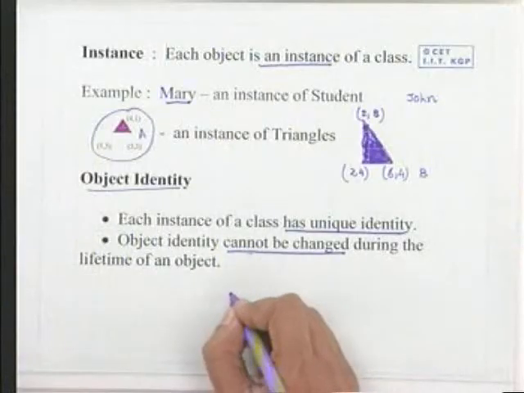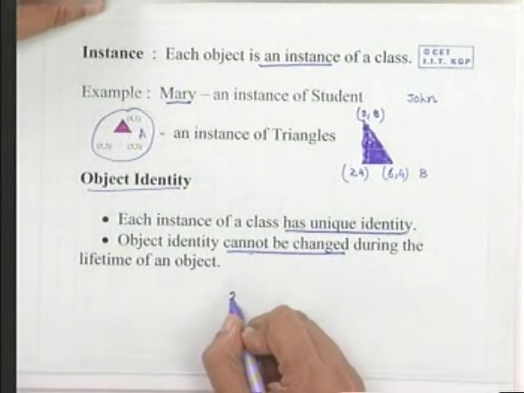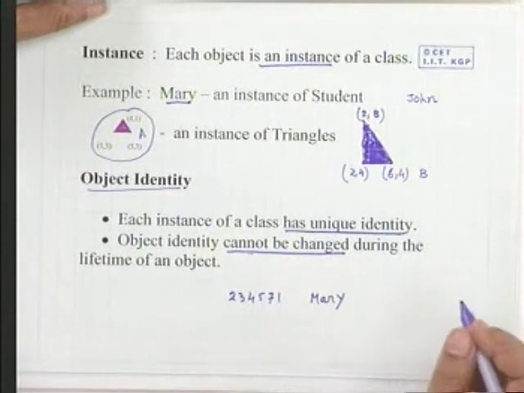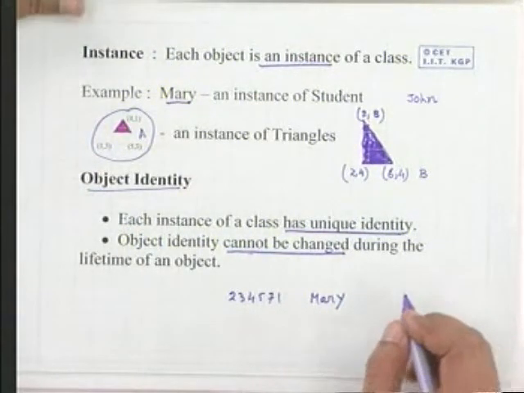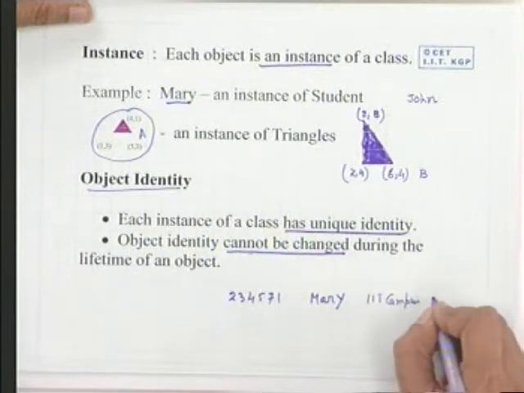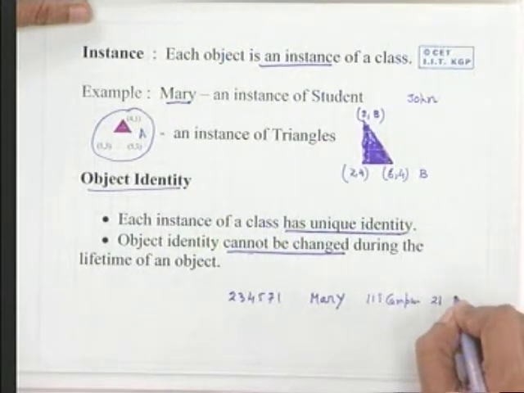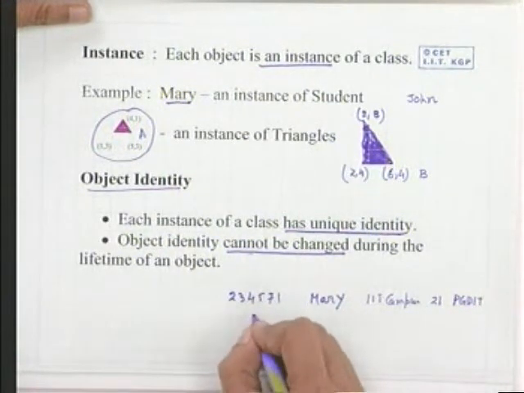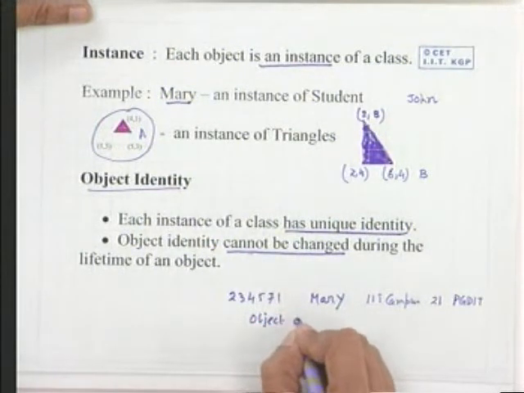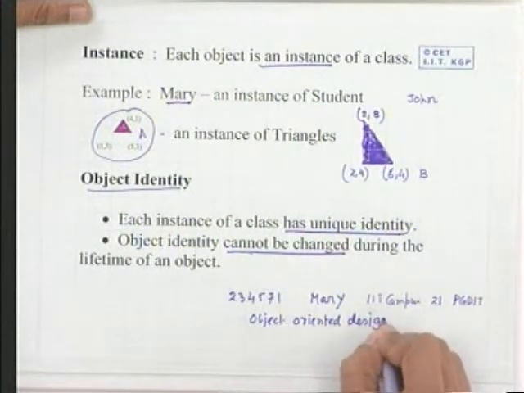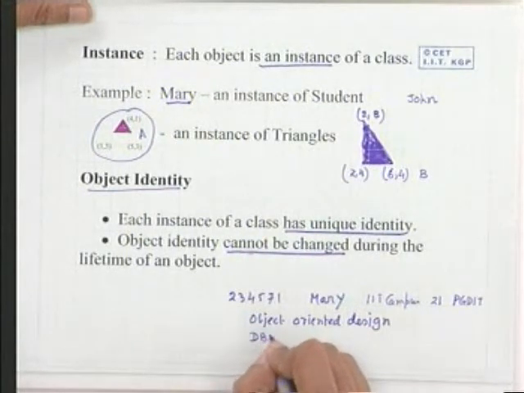To explain this more, for instance, we have created an object with an identity, say 23457, with name Mary, and the address, say IIT campus, age, say 21, course, say PGDIT, and subjects taken, maybe say object oriented design, let us say DBMS, and so on.